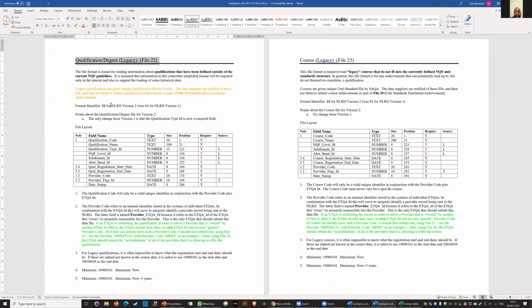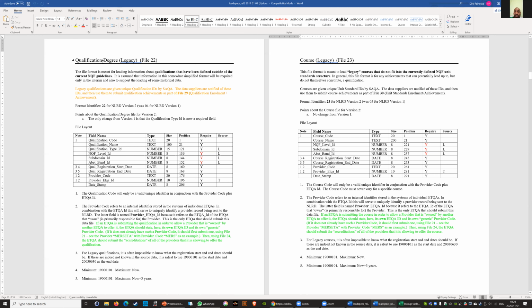Okay. So the SAQA qualifications that we work with only really started existing in the early 2000s, like 2002, 2003. So all of the qualifications before that are legacy qualifications, and legacy courses.